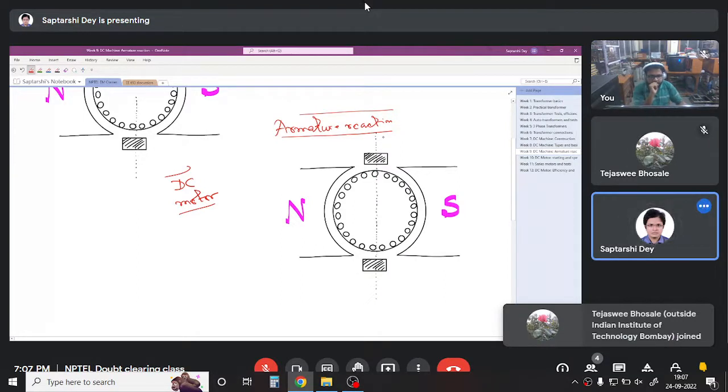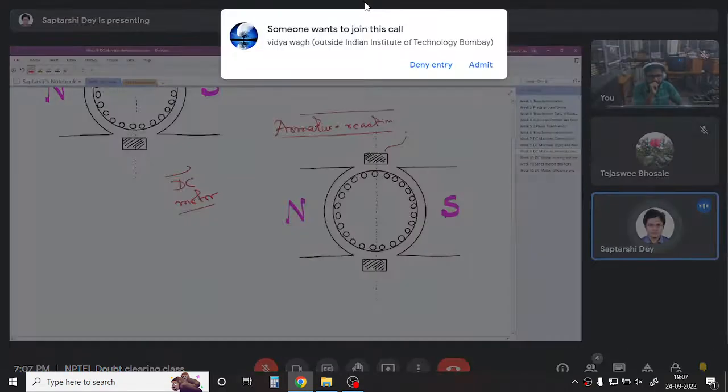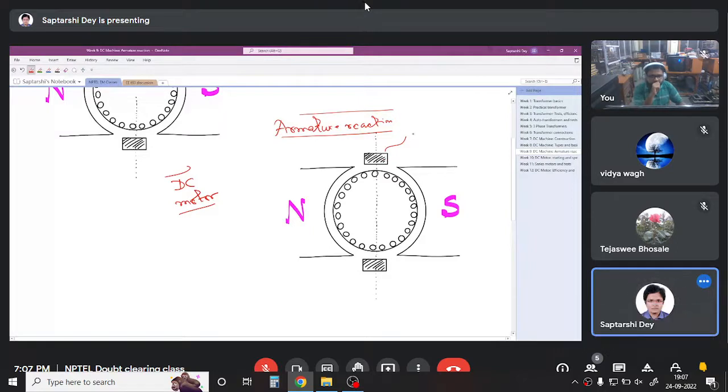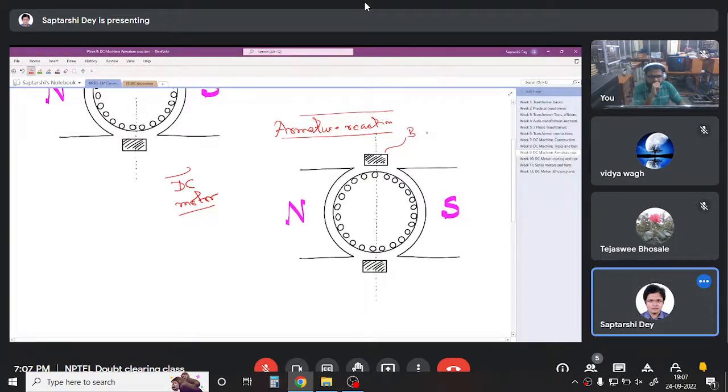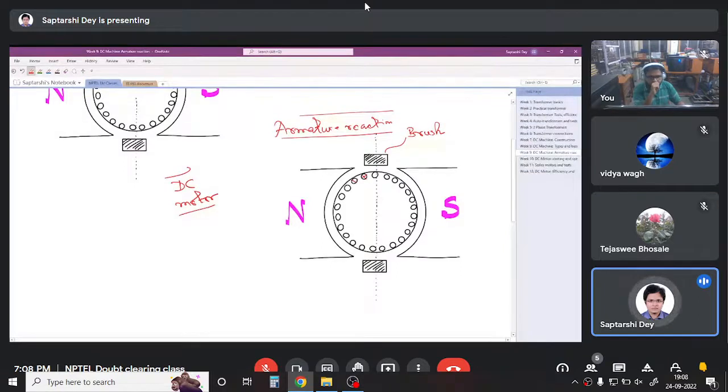What are these squared things? These squared things perpendicular to the field, these are the brushes. So at the brush axis there is no current flowing, and the conductors carry opposite direction current on the other side of the brushes.